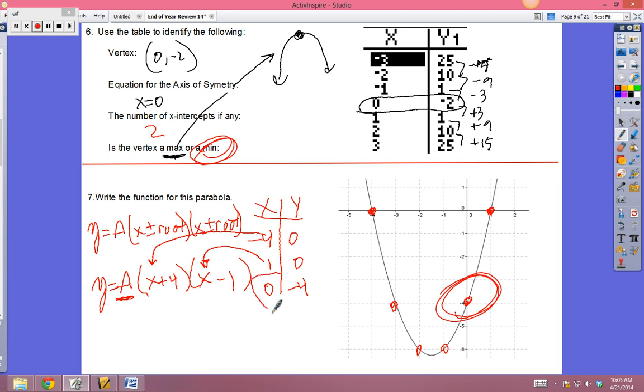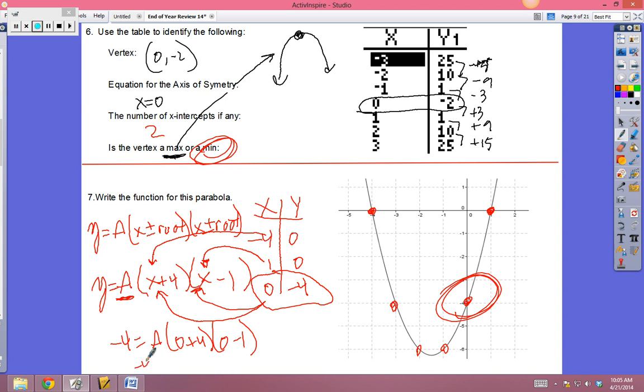Let's take this and let's plug it into our model. So the 0, that's going to go in place of the x's, and the negative 4 is going to go in place of the y. So in place of y, let's put -4. In place of a, there's nothing to put. That's what we're trying to find. So leave it as a. In place of x, let's put 0 plus 4 times 0, take away 1.